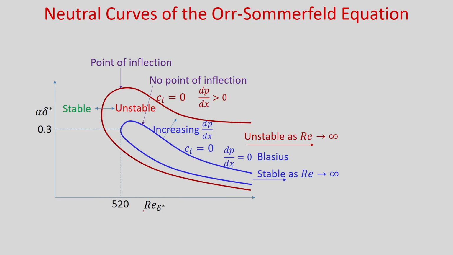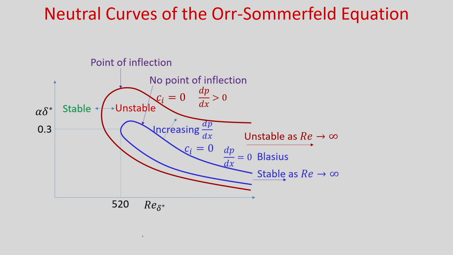So, you can see we have plotted in the x axis the Reynolds number based on delta star, and in the y axis alpha into delta star, where delta star is the displacement thickness.